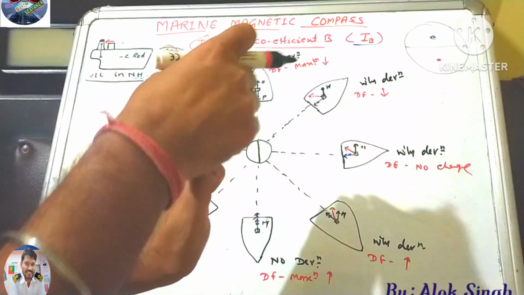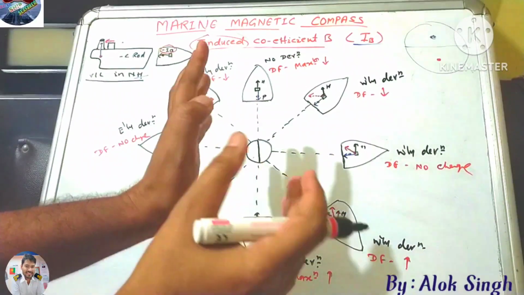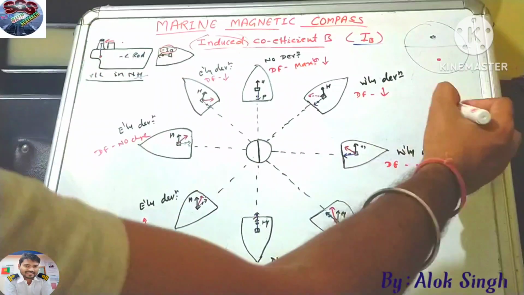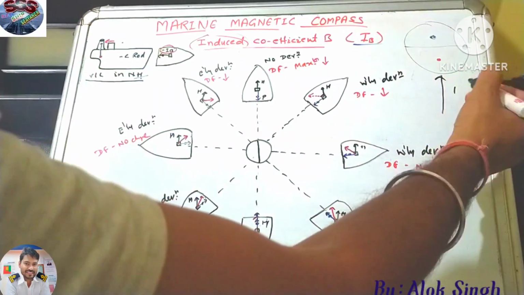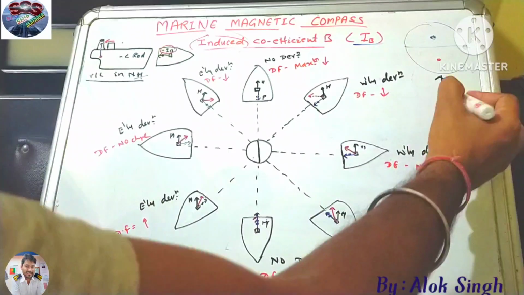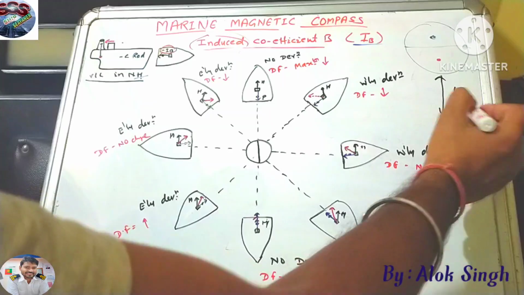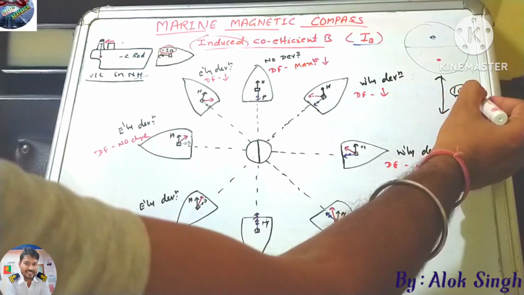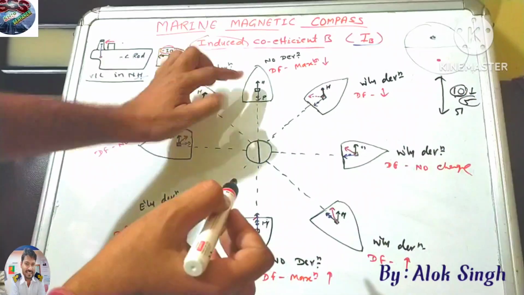If something is going one way and you are pulling in the opposite direction, there will be no deviation. Just to understand in terms of magnitude, suppose I take an arbitrary number, 10, and you pull in the opposite direction with a 5, what will happen? Only the magnitude will reduce, from 10 to 5.